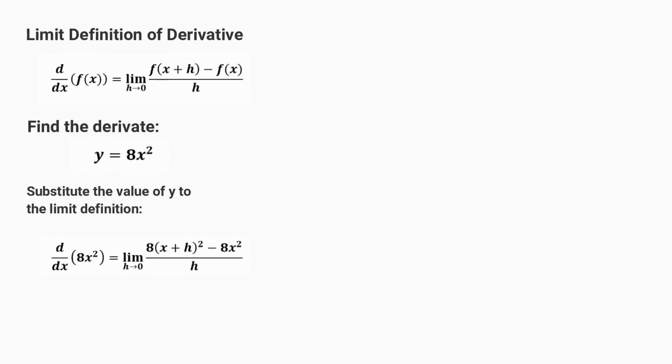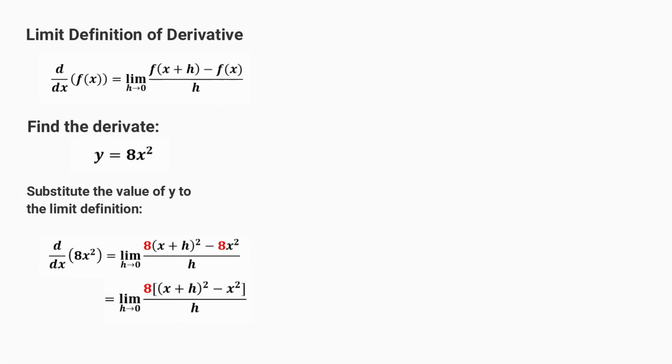As we can see, the constant 8 can be factored out. Now it becomes the limit of 8 times x plus h squared minus x squared all over h as h approaches 0.